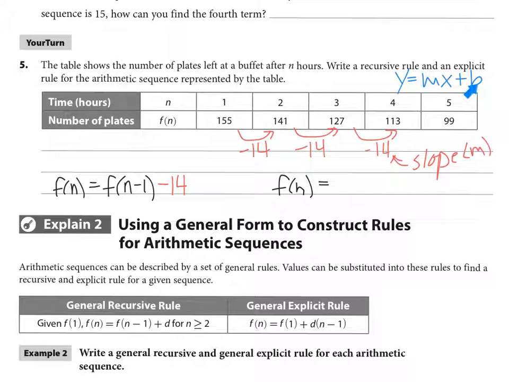So instead of subtracting 14, I'm going to add 14. And 155 plus 14 would be 169. That's my zero term. So in terms of an explicit rule, it is mx plus b, and we're using the variable n. So it's negative 14n, since negative 14 is my slope, plus my zero term, which is 169. And that's my explicit rule.